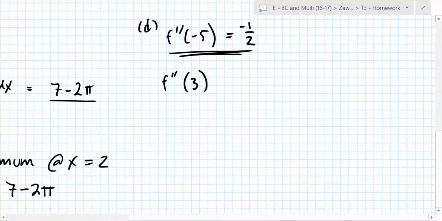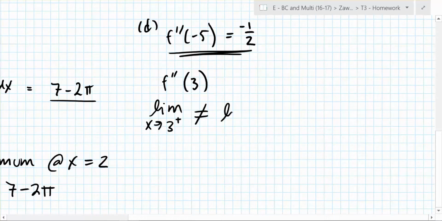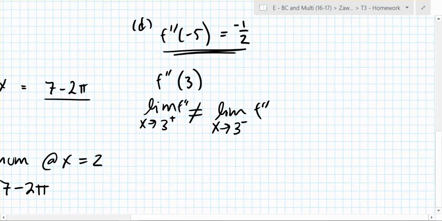So we could say something like the limit as x approaches 3 from the right does not equal the limit as x approaches 3 from the left, and these are both of f double prime. And so this is just saying that the slope as you come onto 3 from the right does not equal the slope as you come onto 3 from the left.